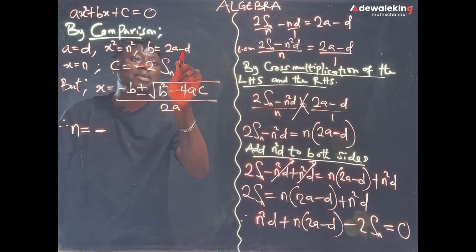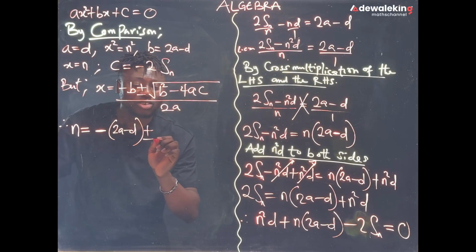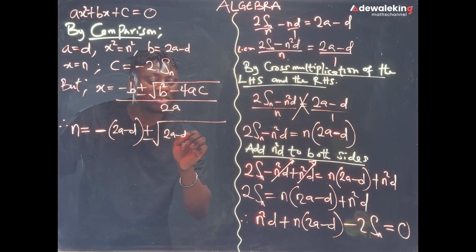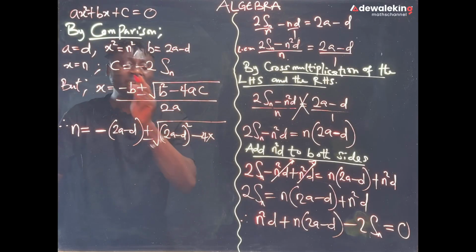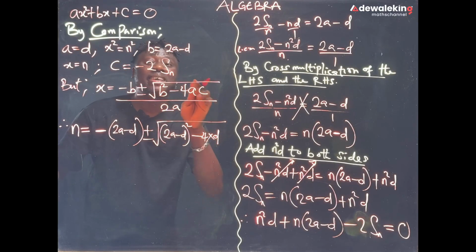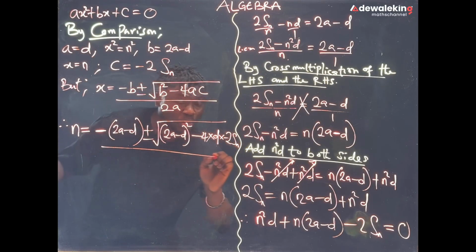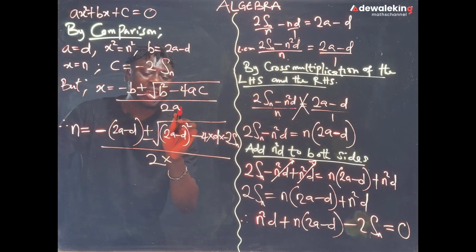Our b is 2a minus d, so 2a minus d plus or minus the square root of b squared, which is 2a minus d all squared, minus 4 times a, which is d, and c is minus 2S subscript n, times minus 2S subscript n, all over 2 times a. So a is d, so 2 times d.